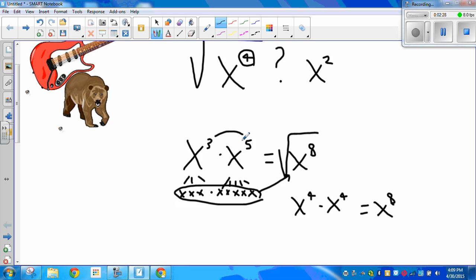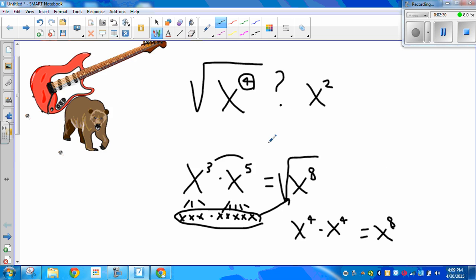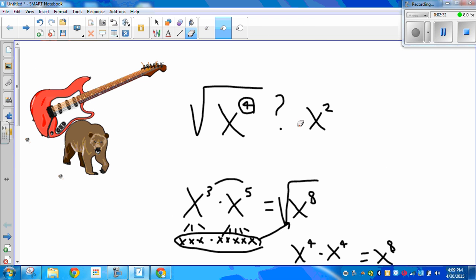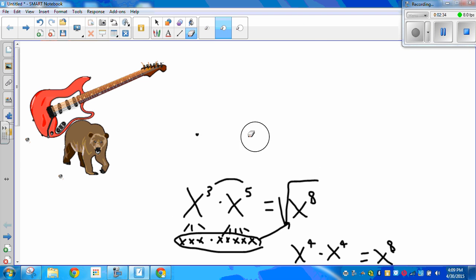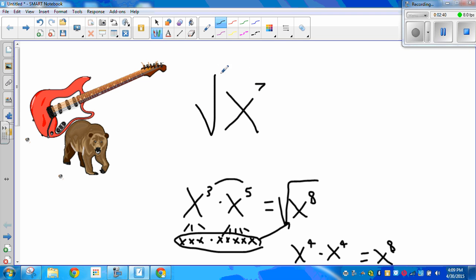Now, some of you might be wondering, what happens when you have an exponent with an odd power, x to the 7th, for example? I'm not going to be able to find two numbers that add evenly to 7, because it's an odd number, so what I always want to do is just subtract 1. What's 7 minus 1? 6, of course.